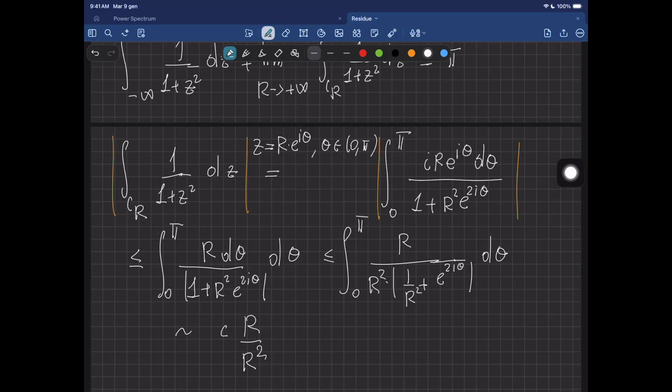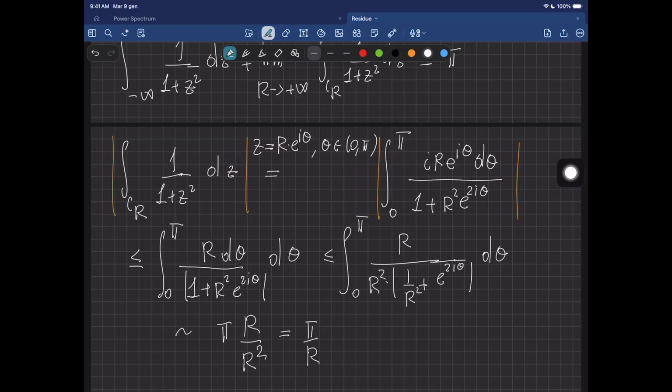Why is that? Because again, r and r squared stay there. This one converges to 0 as r grows, and this one is going to converge to modulus 1. I'm integrating between 0 and pi, so this constant should actually be pi. We can explicitly compute it as pi. So this one behaves as pi over r.